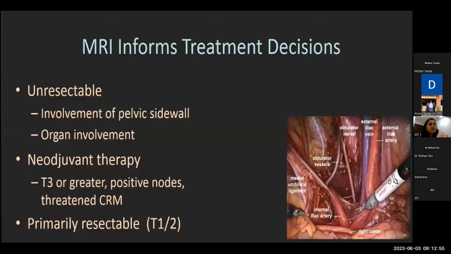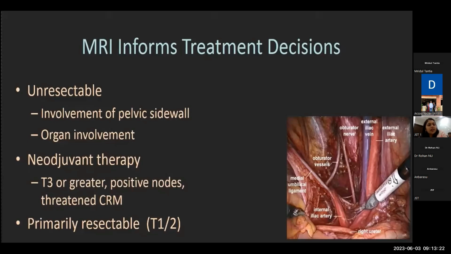So MRI, how is it important and why is it different from the CT? CT doesn't actually delineate the anatomy of the rectum as nicely as MR, and we can further guide our multidisciplinary team on how to approach this particular tumor, the management also.